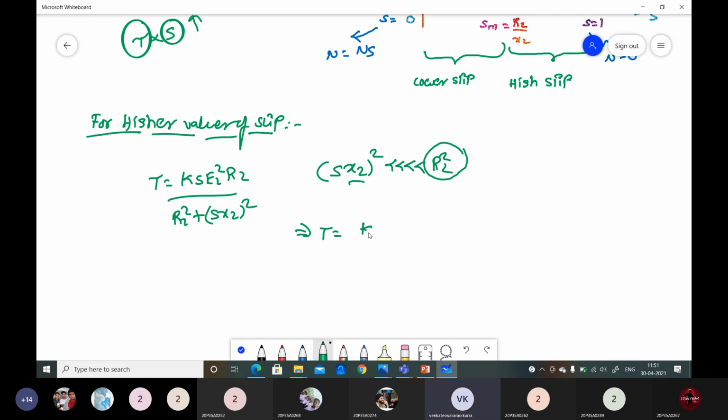So tau equal to K S E2 square R2 by S square X2 square. So this S and this S square cancel and the remaining terms are constant values. So torque is proportional to 1 by S.